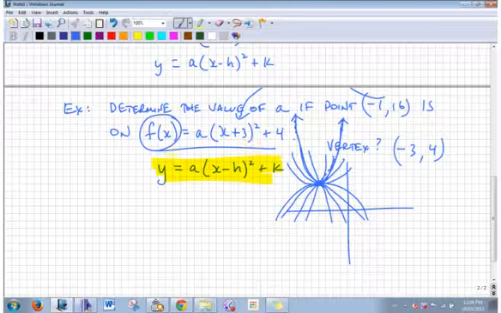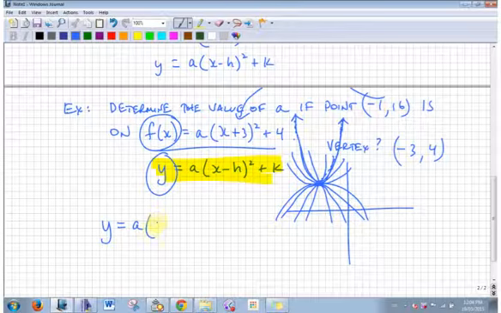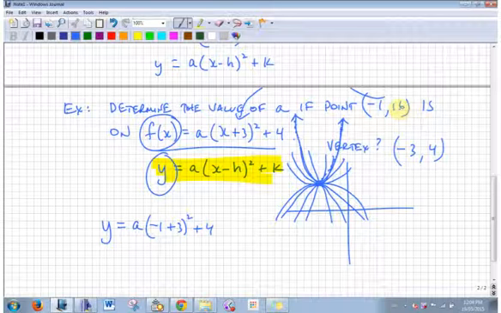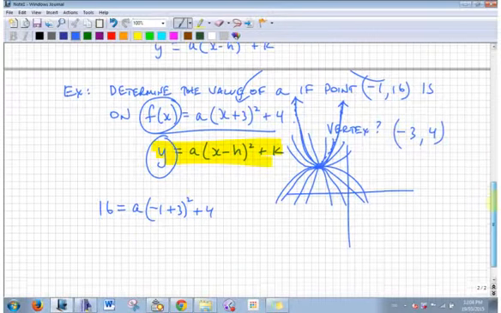What's another way to say f of x? Yeah, so y is a, what's x? Negative 1 plus 3 squared plus 4, and y is 16. One equation, only one variable, I can solve for it with a little bit of math.